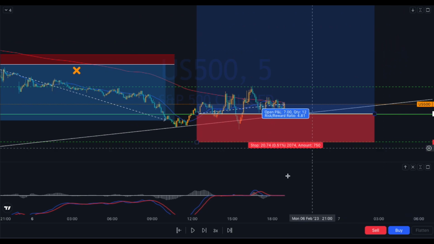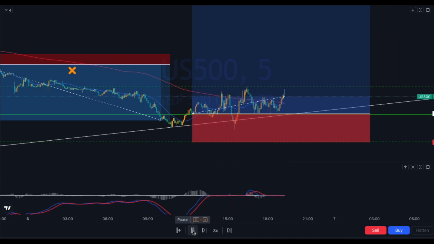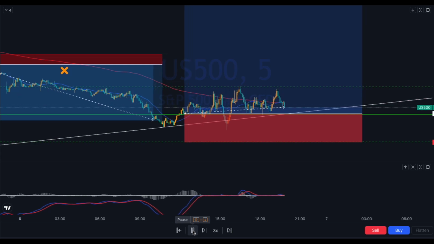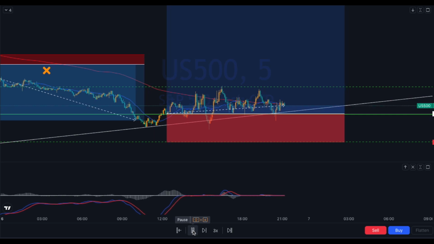I actually like using this MACD, the impulsive MACD. I find it really useful. I've just started back testing it, and so far I kind of like it. So let's see what it does.